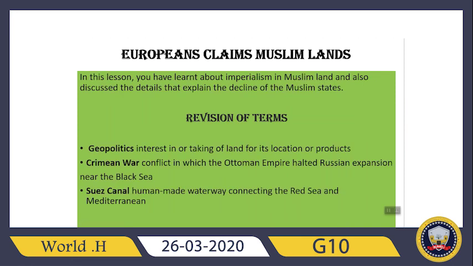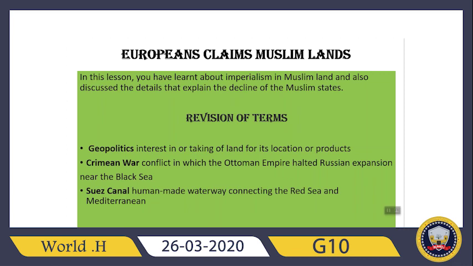Now we have Europeans claim Muslim lands. You will find each and everything in detail in your books, and we are just picking up a few things to revise, but the rest you will do at home. So, European claims on Muslim lands. In this lesson you have learnt about imperialism in Muslim lands, and also discussed the details that explain the decline of Muslim states. So here is the term geopolitics. What is geopolitics? It is an interest in taking a land for its location or products.